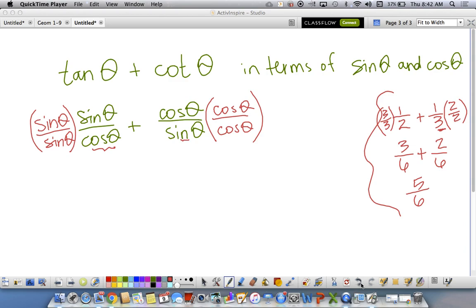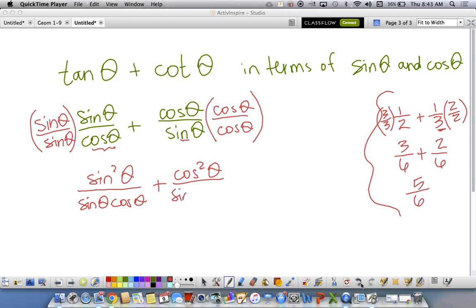What do we get on top? Sine squared theta. What do we get on the bottom? Sine times cosine. Over here, we're going to add. What do we get on top? What's cosine times cosine? Cosine squared theta. What do we get on the bottom?